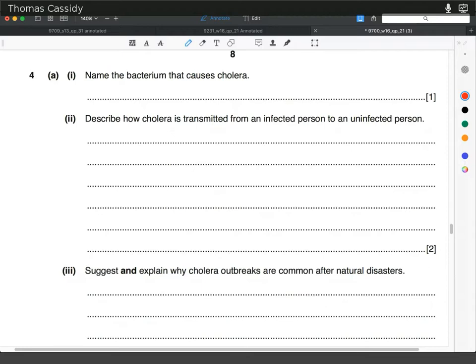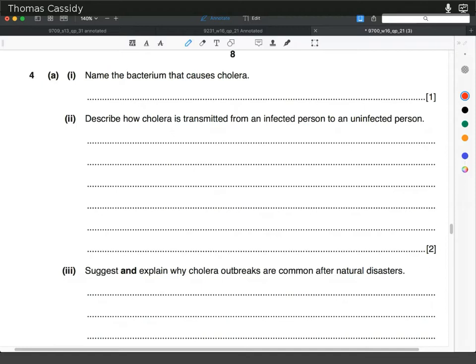So we get to talking about lots of lovely stuff like feces, passed through in stools and in sewage, where it can infect water supplies that are then drunk by other people later on. So that's how someone might move the bacteria from themselves into the environment, and then that might lead to contaminating food or water that the uninfected person may then drink, and then there you go, you can now have the disease.